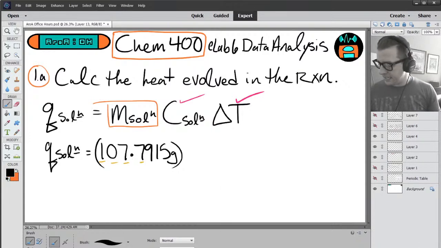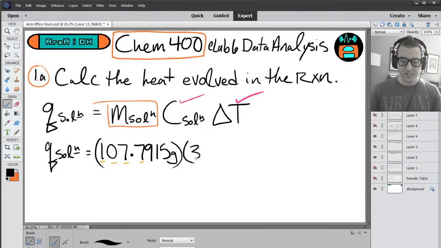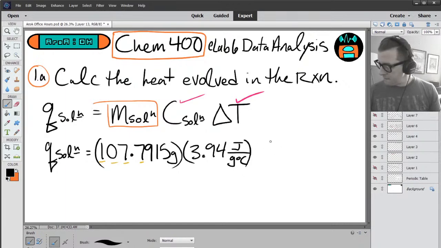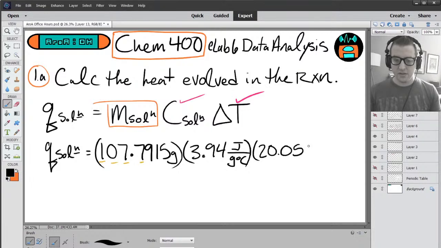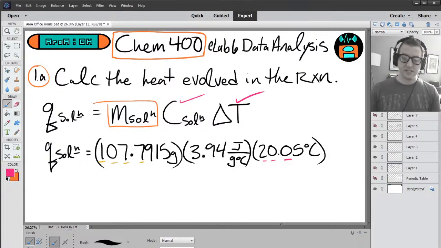Our specific heat capacity of our solution was given to us. It's 3.94 joules per gram degrees Celsius, times our change in temperature, which is 20.05 degrees Celsius, and you'll recall that this number only has 3 sig figs.